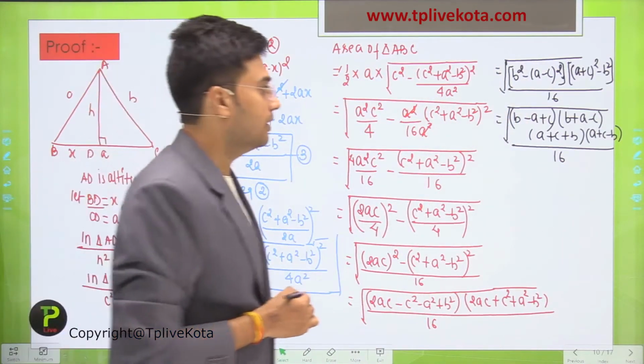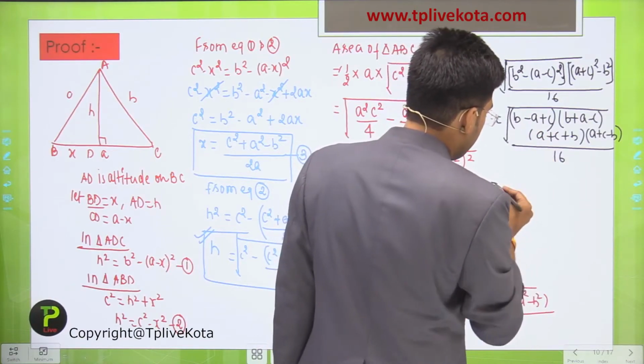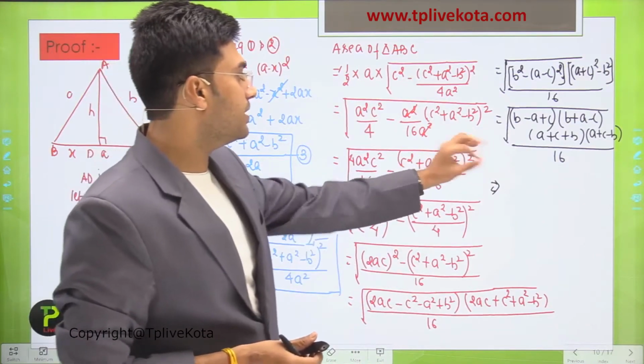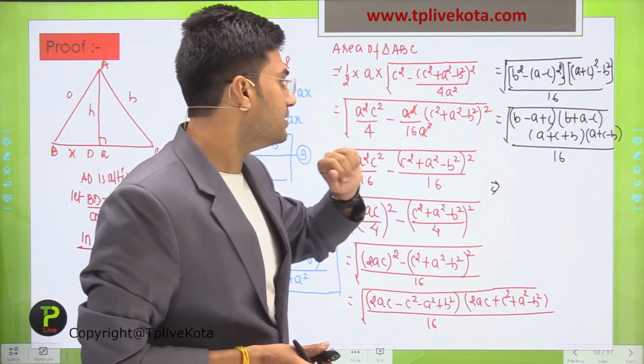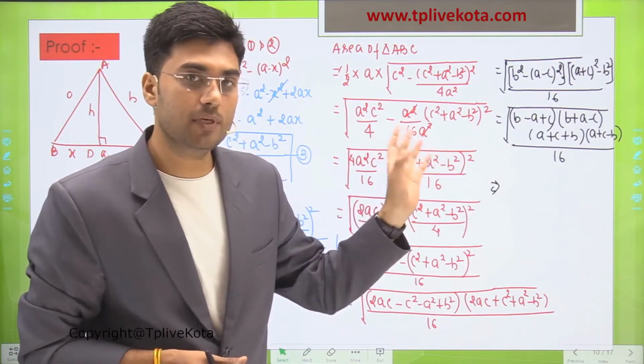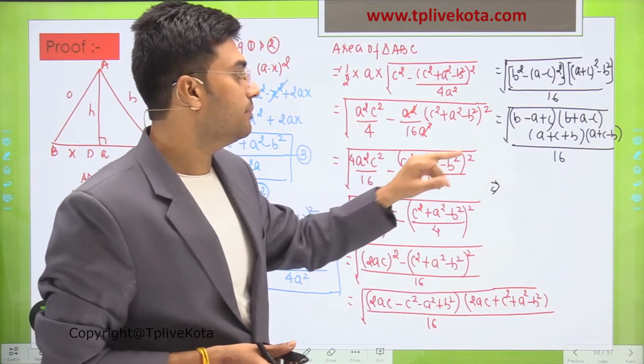Clear? Now here we have (b minus a plus c), (b plus a minus c), (a plus b plus c) multiplied by (a plus c minus b), divided by 16.